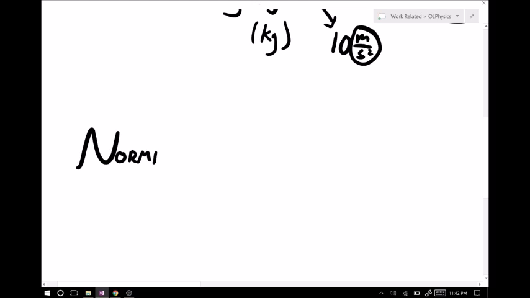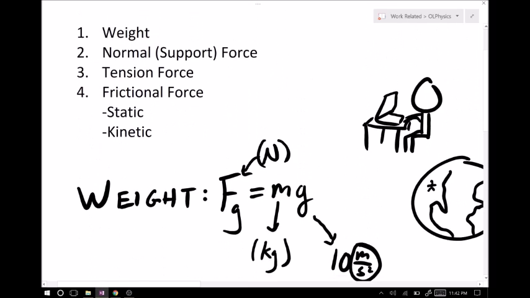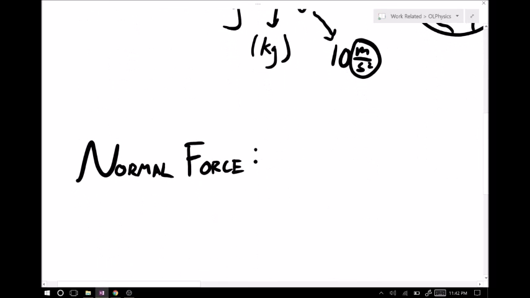Normal force, or the word normal, is actually just a mathematical term. It really just means perpendicular to. A lot of students like the word support force more than normal force, but I'm probably going to be using normal force because I'm just familiar with that. Normal force is one of those things where you don't necessarily need to calculate much. It just depends on your situation.